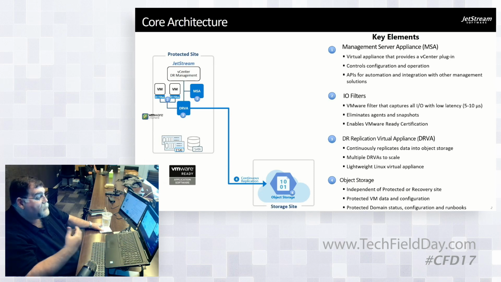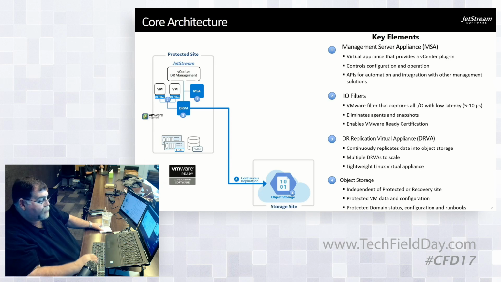So once a virtual machine is protected, so it's been added to a protected domain, the initial replication, the initial synchronization has completed, then that virtual machine is protected. And by that, we mean not only has the data been written to the object store, but also the configuration for that virtual machine. And actually, we have the status information for the protected domain.